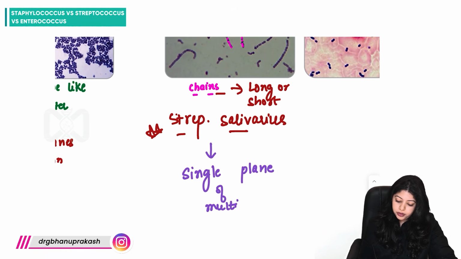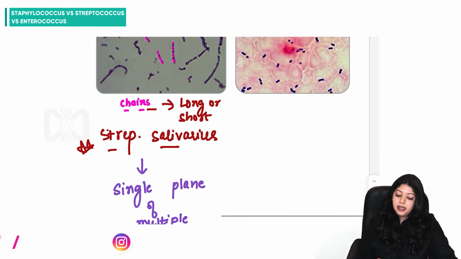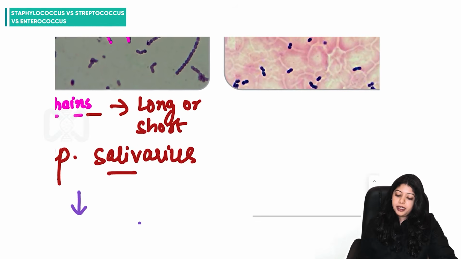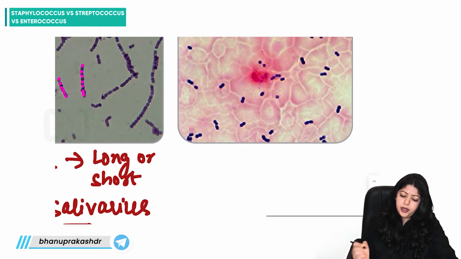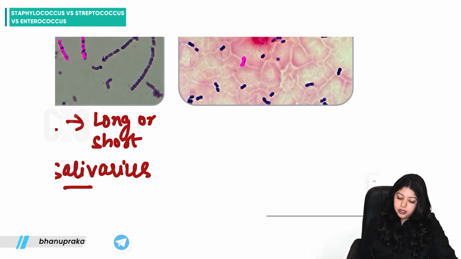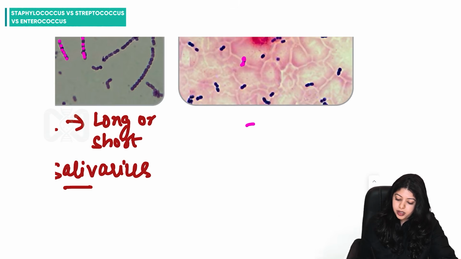And that is also the case with Enterococcus, which are present in pairs, and the plane of multiplication is also one. So Enterococci also have a specific morphological characteristic. These are present in pairs, but they have a special arrangement, a spectacle-shaped arrangement.